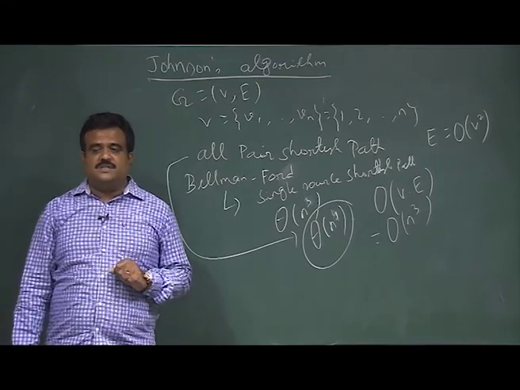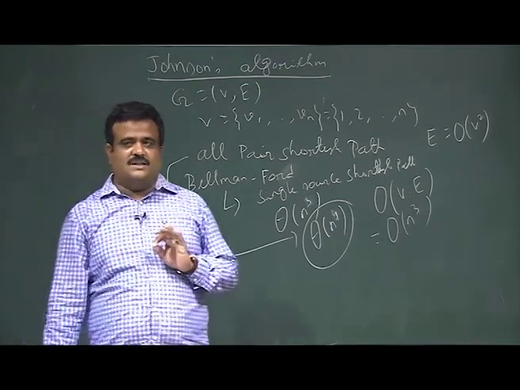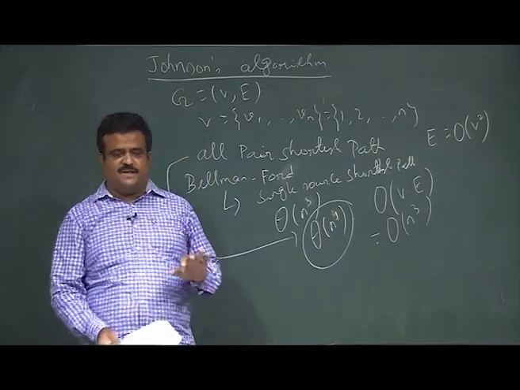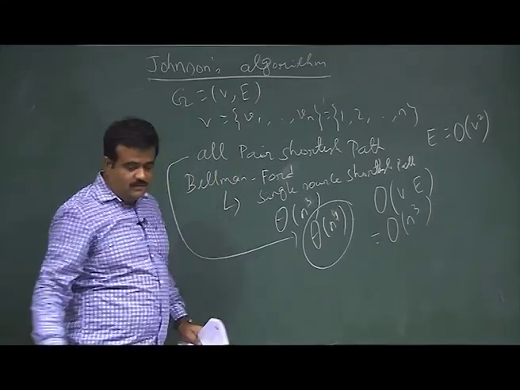But if we run Dijkstra's, for Dijkstra's there is a restriction. Bellman-Ford can handle negative weight edges because it can detect a negative cycle, but Dijkstra's cannot handle negative weight edges.